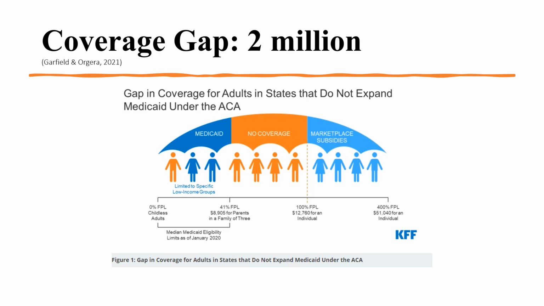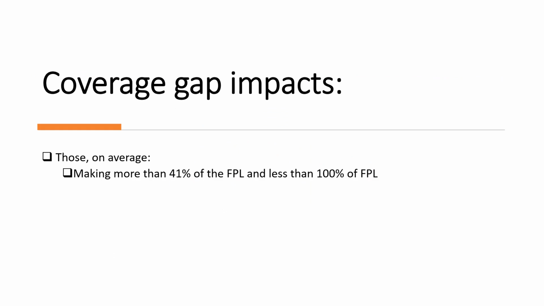Their option is to hope you can find an employer that provides coverage you can actually afford. So the coverage gap has an impact on those making more than 41% of the FPL and less than 100% of the FPL.